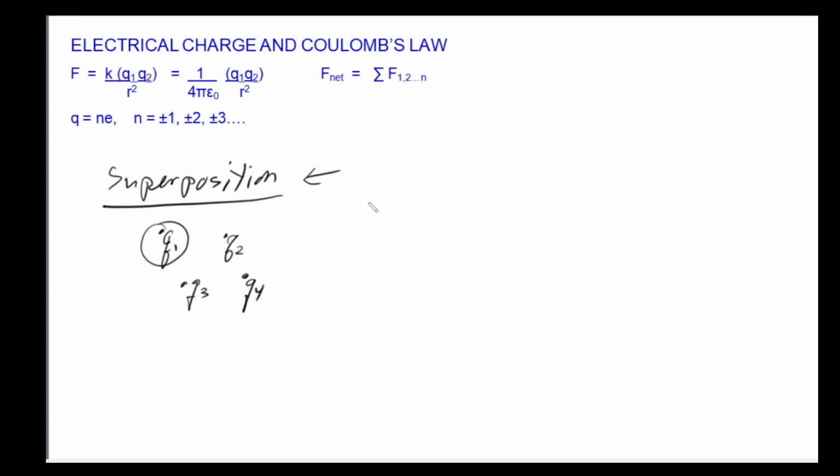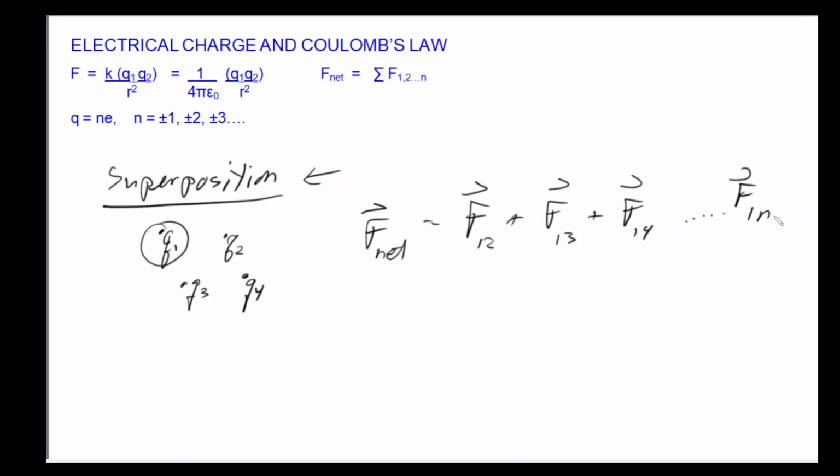And in order to get the net force, you add up all the vector forces of each charge that is acting on the particle of interest. So the net force is equal to the force of particle 2 on 1 plus the force of particle 3 on 1 plus the force of particle 4 on 1, etc., up to F of particle n on 1.